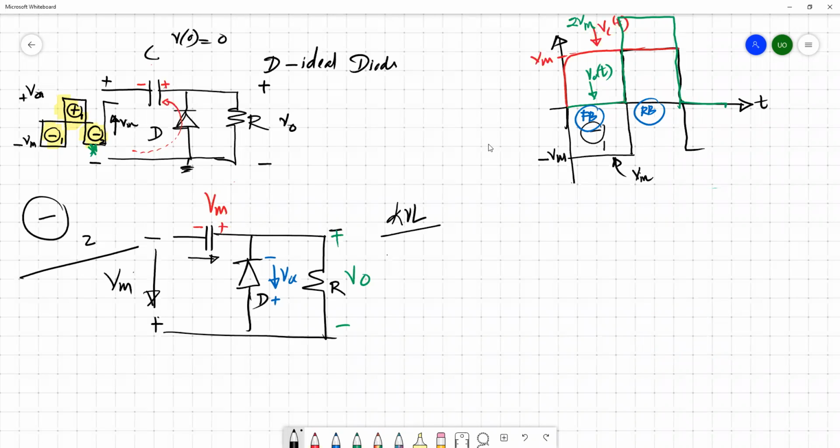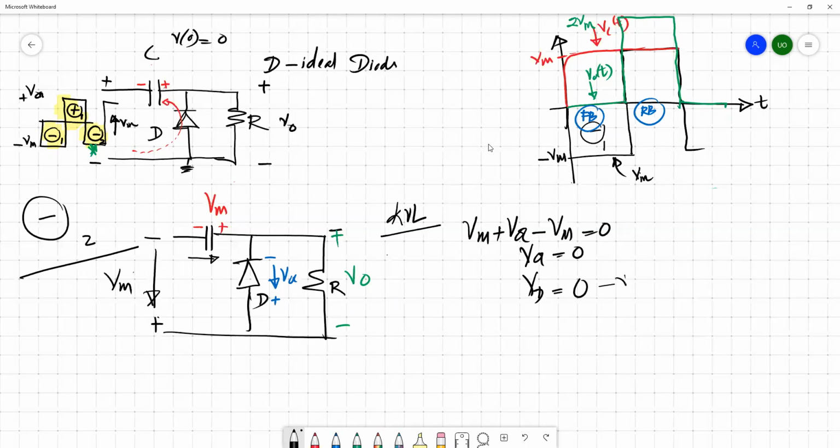So we have Vm plus VOC minus Vm. So this is the other way around, equals 0. Then VOC, the open circuit voltage, is 0. So we know that the actual voltage appearing across the diode should be now 0.